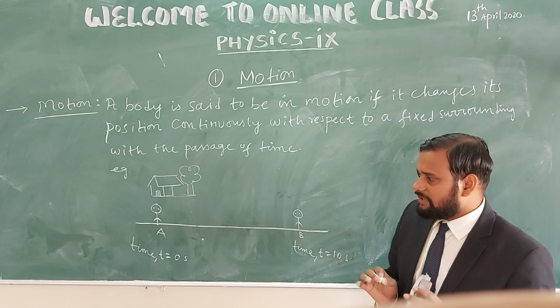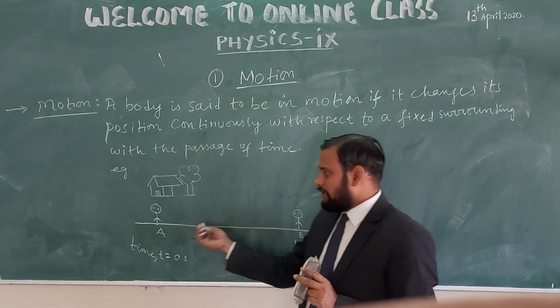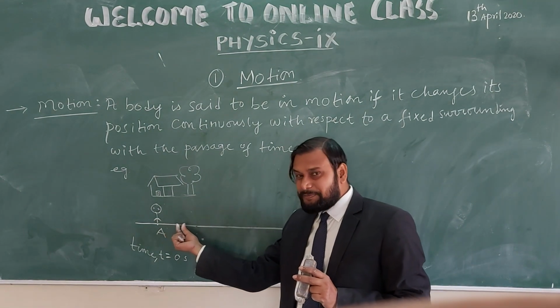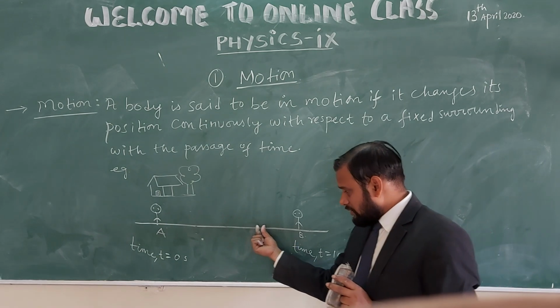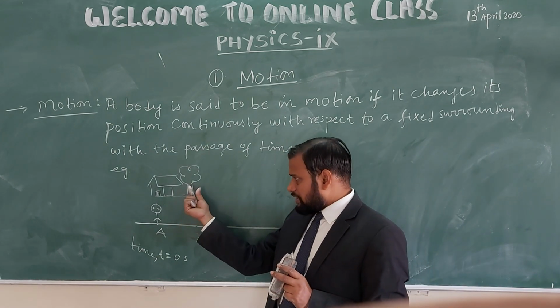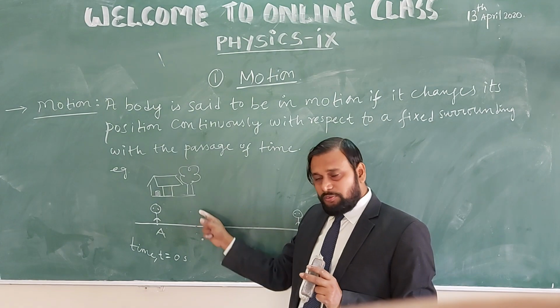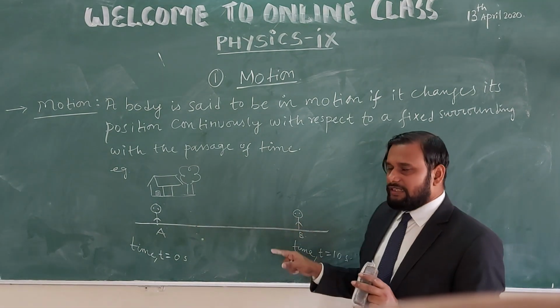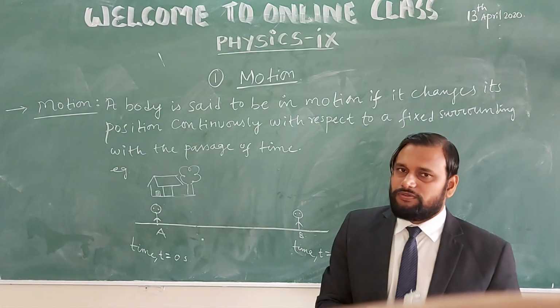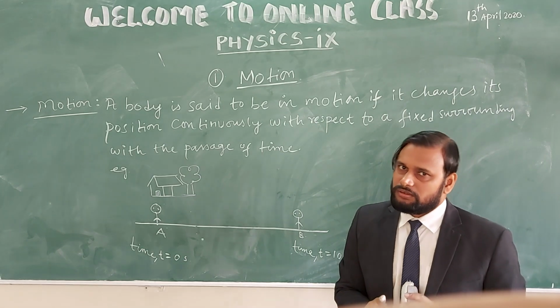So it is clear that if a body is changing its position with respect to a fixed surrounding with the passage of time, then that body is in the state of motion. Clear?